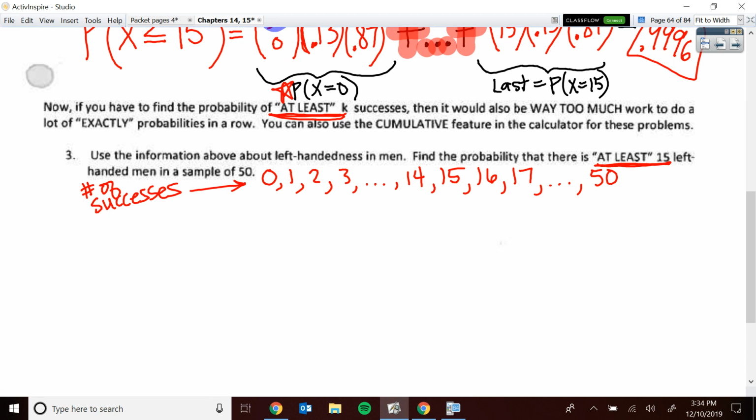At least 15. If we want at least 15, we want there to be 15 successes or 16 successes or 17 successes or so on up to 50 successes. We do not want that lower part.